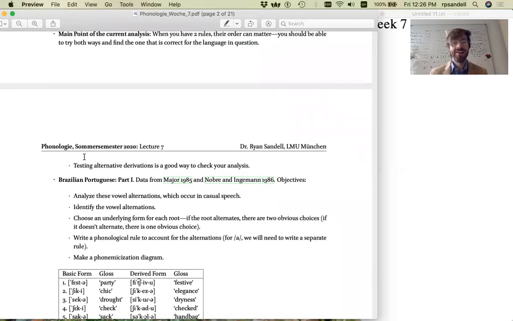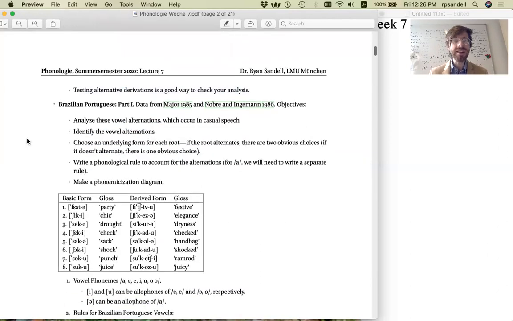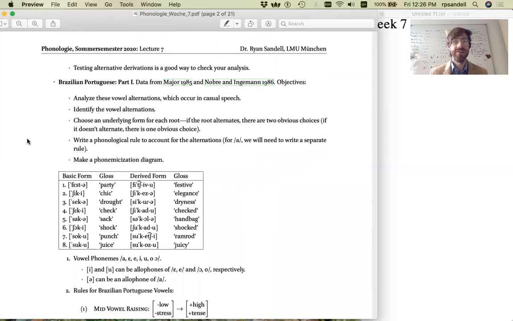And that, again, goes back to something that we have said from the beginning of the course, namely that testing derivations and alternative derivations that correspond to alternative hypotheses about how to analyze the data is always a good way to check whether the analysis that we are proposing indeed works the way we would expect. All right, let's come to the first set of data.